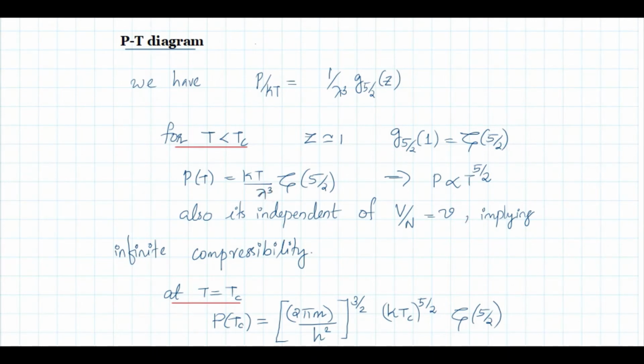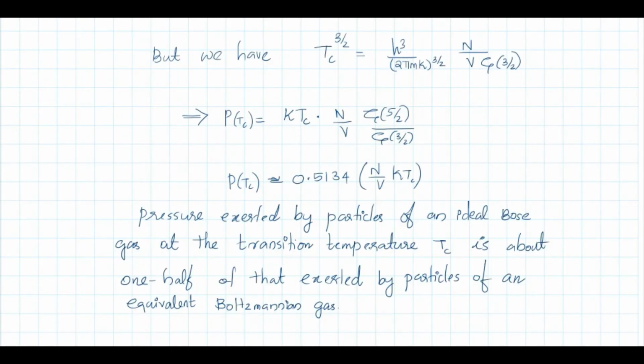Because up to T equal to Tc, that value is 1, there is no issue for using this relation. So pressure at the critical temperature is given by 2 pi m by h square raised to 3 by 2 KTc raised to 5 by 2 theta of 5 by 2. But we have Tc raised to 3 by 2 equal to h cube divided by 2 pi mk raised to 3 by 2 n by v into theta of 3 by 2.